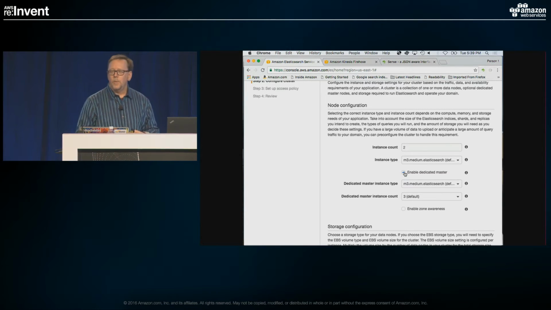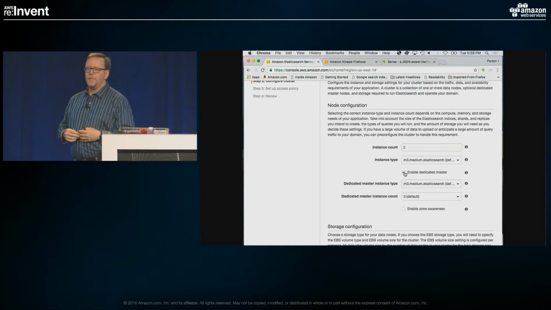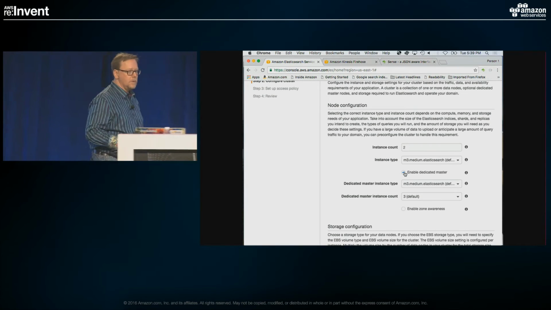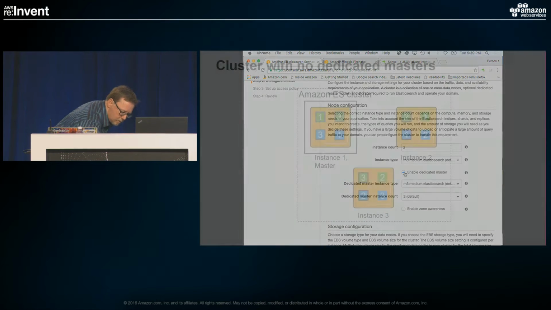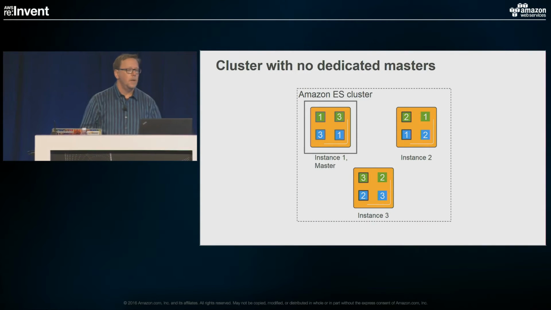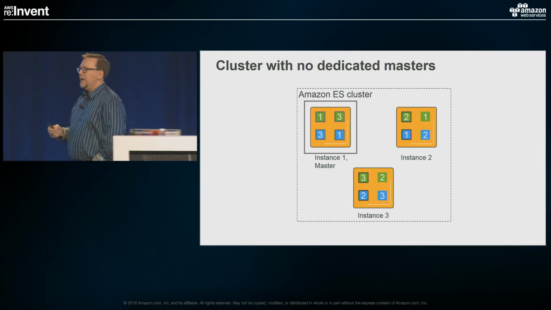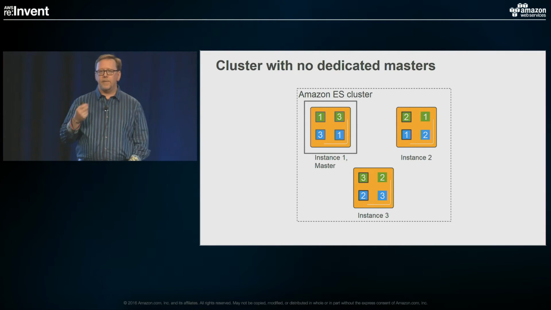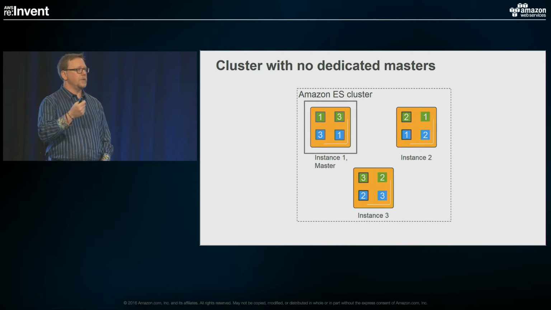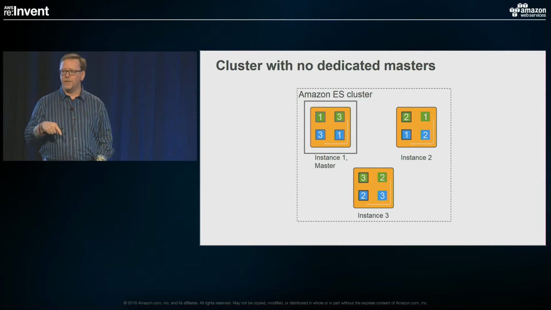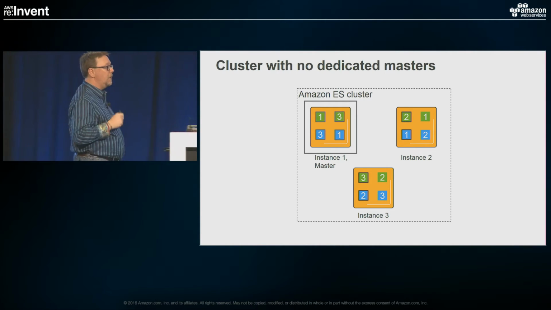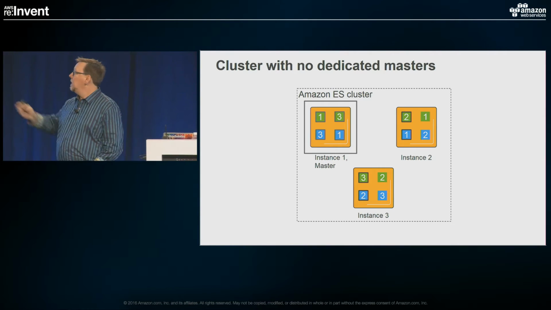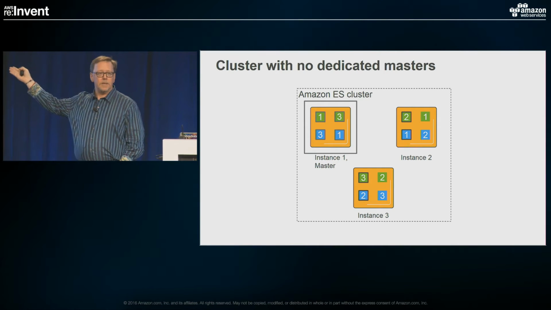OK. We are also able to enable dedicated masters. What are dedicated masters? Whoop, I hit the wrong thing. Hopefully, I did that right. Yay. OK. So in every Elasticsearch cluster, you have a master node. The master node is responsible for knowing all the nodes in the cluster, for pushing around config, and for doing what the cluster needs to do. So the problem is the master is potentially a data node.